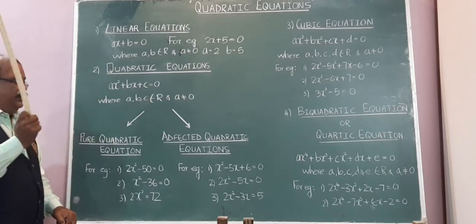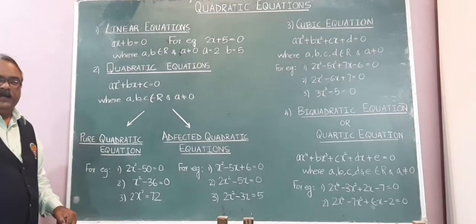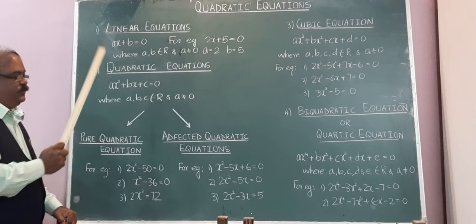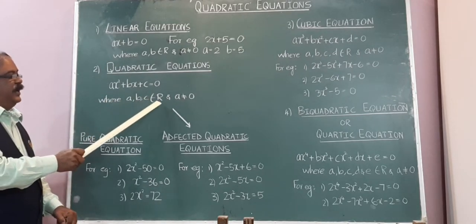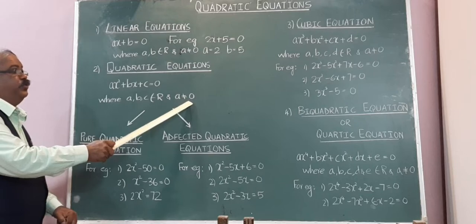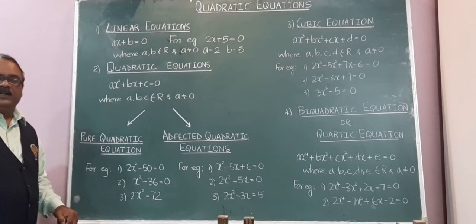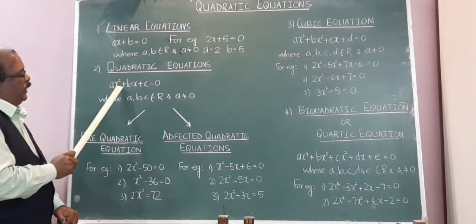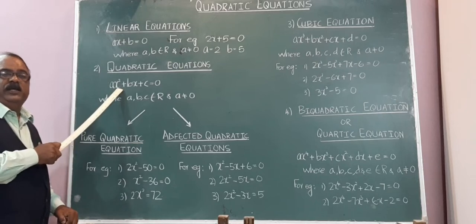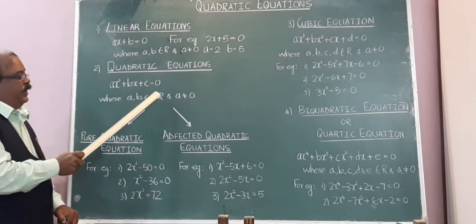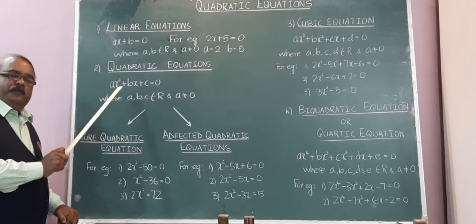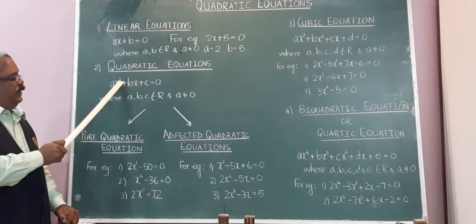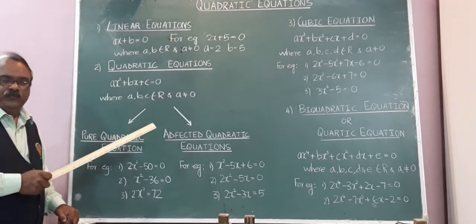When I say a is not equal to 0, it means that the highest power of the variable x must be 2. That means b can be 0, c can be 0. Remember, in the quadratic equation, the highest power of the variable must be 2.